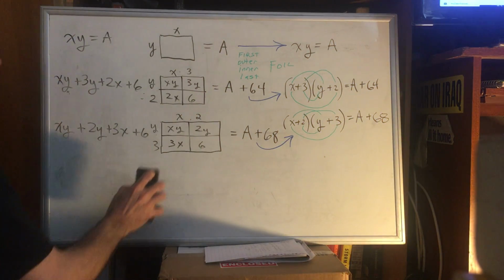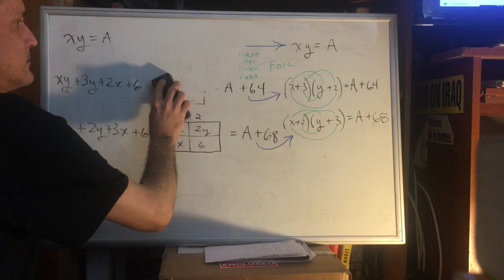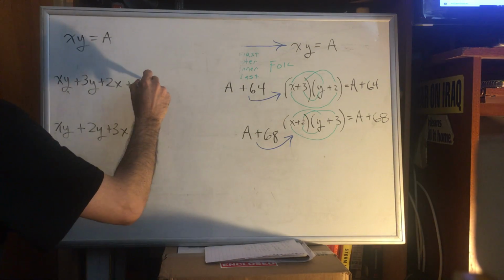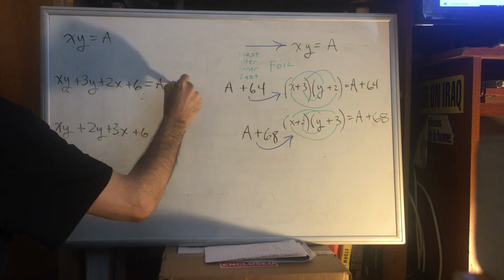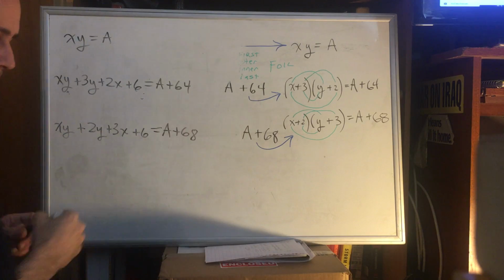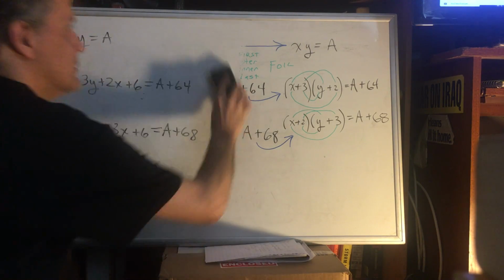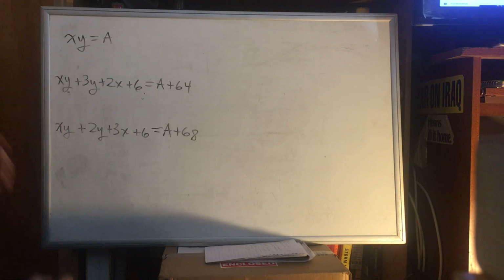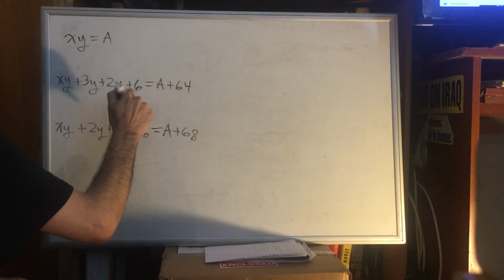Okay, now we have a system of three equations, and I'm going to erase all this. This one equals, and this one equals that. Okay, let's go ahead and simplify these two.